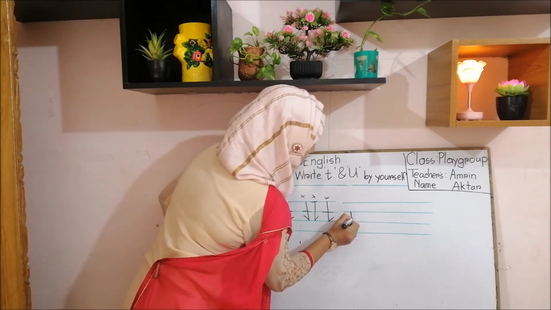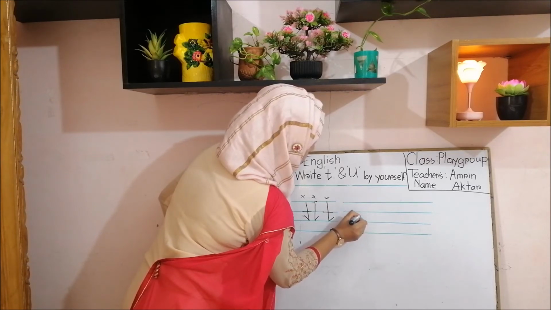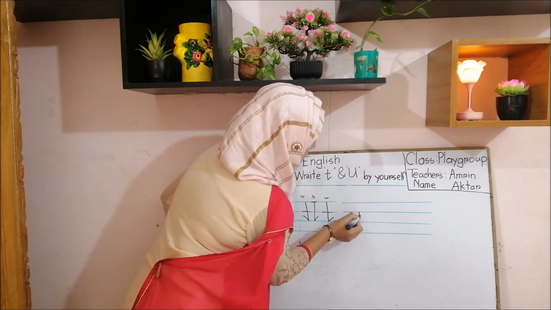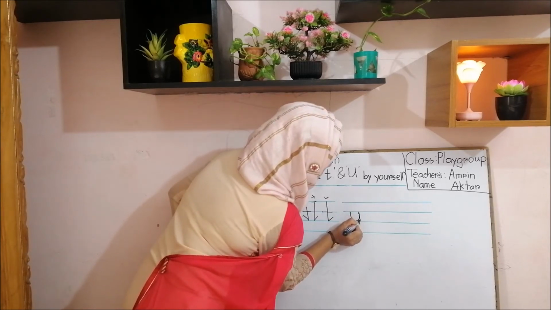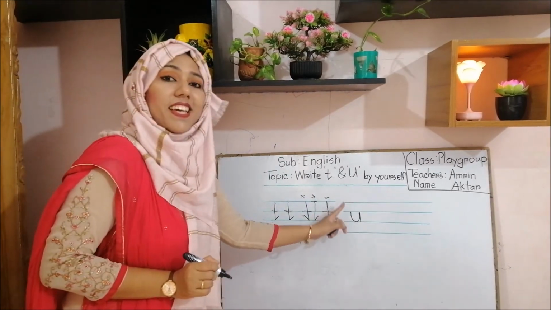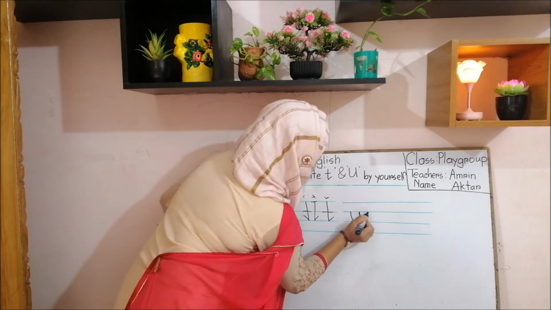Half circle, go down, down, then touch the third line, then go up, touch the second line. Okay. Then, I will put the standing stick. Go down, down, down, touch the third line. This is U. Again I am writing, okay?